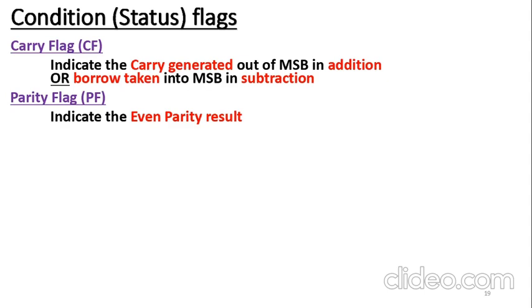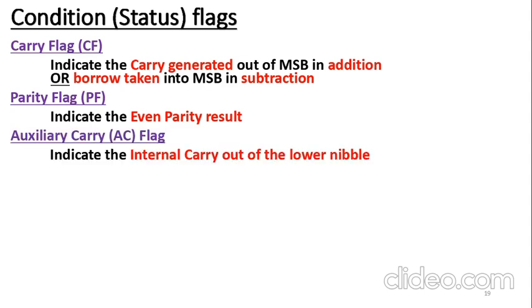Then next is the auxiliary carry flag, AC flag. It indicates the internal carry out of the lower nibble. Basically, a nibble is a collection of 4 bits. In case of an 8-bit ALU operation, there are 2 nibbles present: the lower nibble, that is the lower 4 bits, and the upper nibble, that is the upper 4 bits.